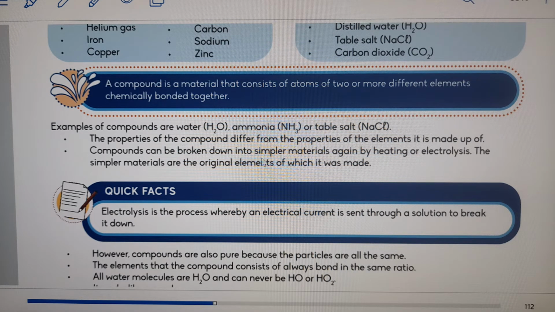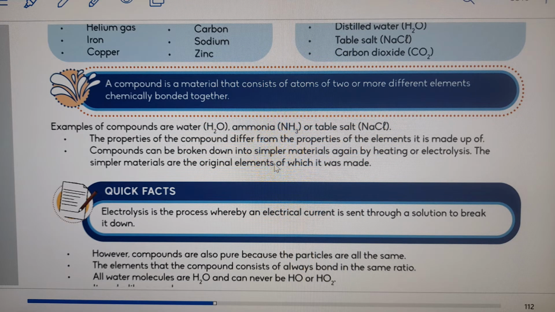Compounds can be broken down into simpler materials again by heating or electrolysis. You will learn what electrolysis is. The simpler materials are the original elements of which it was made. So now they explain what simpler materials are.